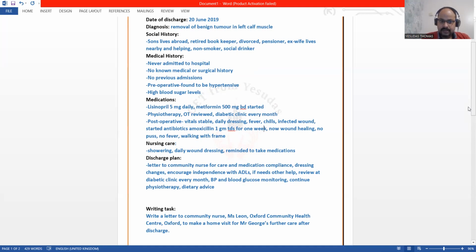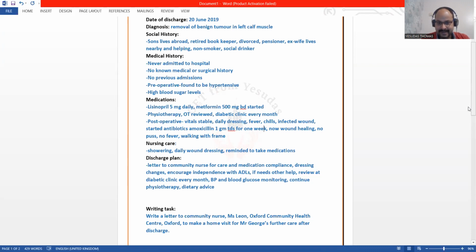Now during the hospital stay, the nursing care which was provided was showering, daily wound dressing, and the nurses reminded him of taking medications regularly.